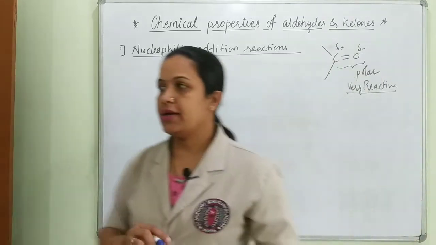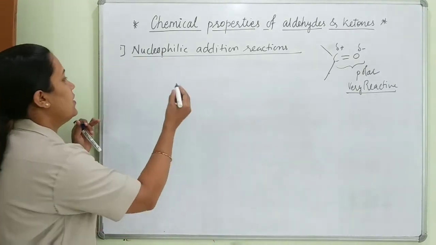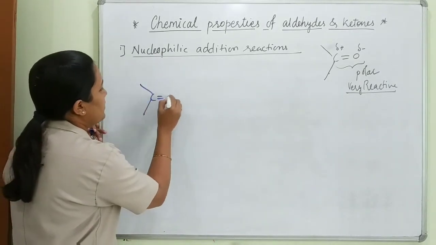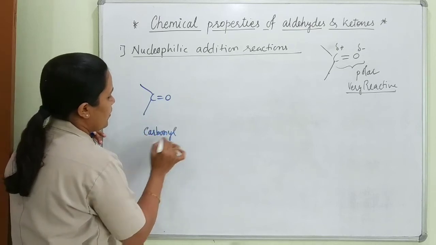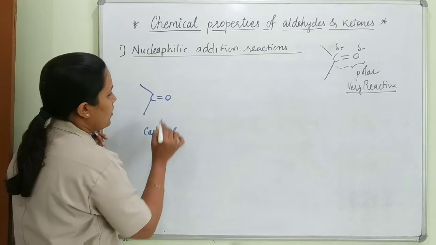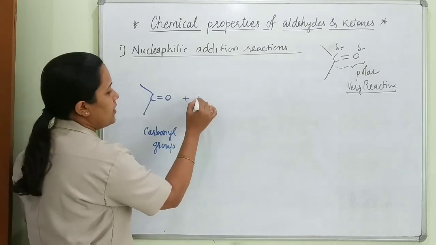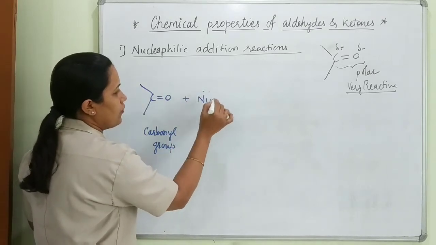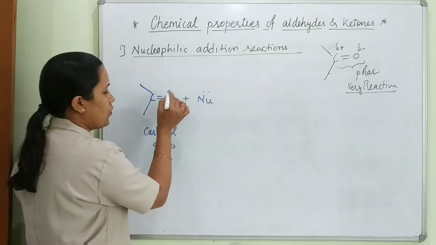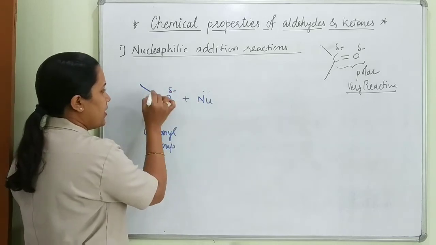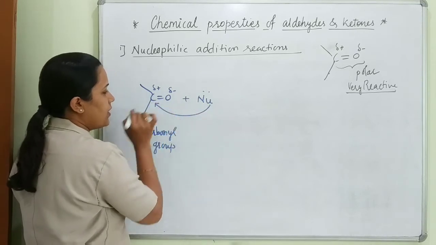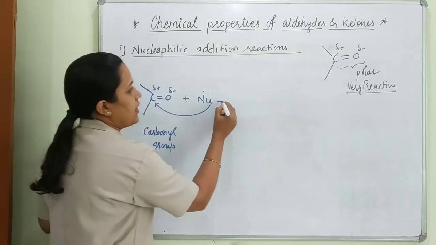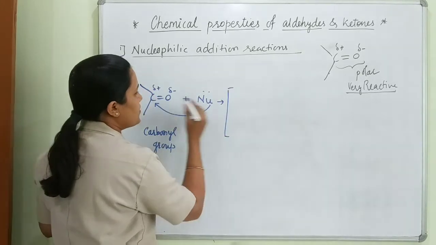So here I am taking this as the carbonyl group. Now in the carbonyl group, when there is an attack of a nucleophile, with negative and positive charges here, this nucleophile will definitely attack the carbon and form a transition state.